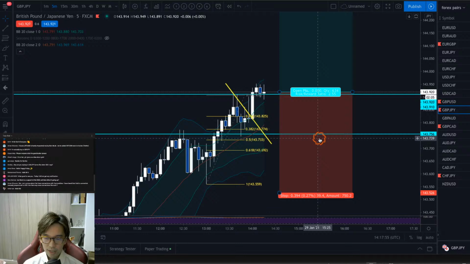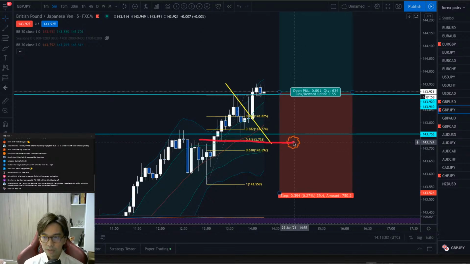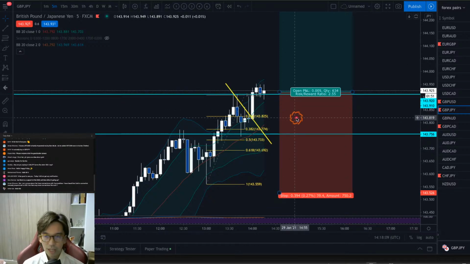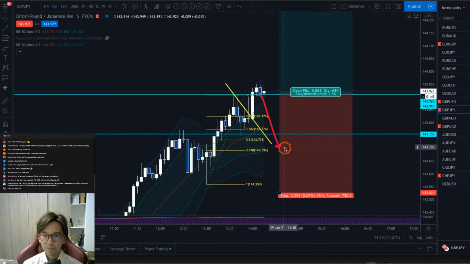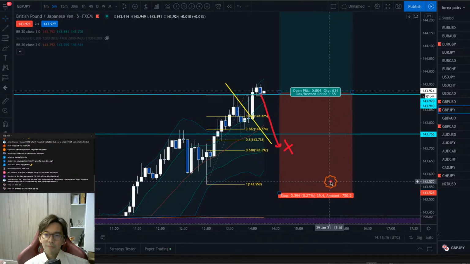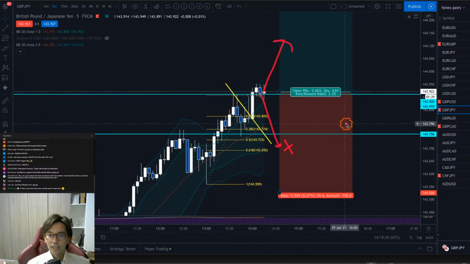In this case, clearly when the market breaks the previous low, the 143.75 level, downwards, then that will be an exit timing. And I expect the market to go up continuously. That will be a potential target at the moment.